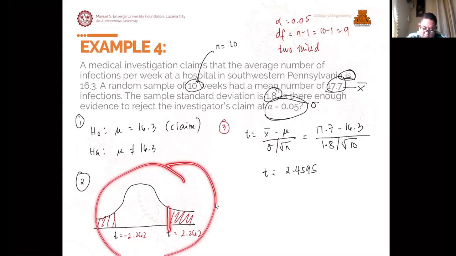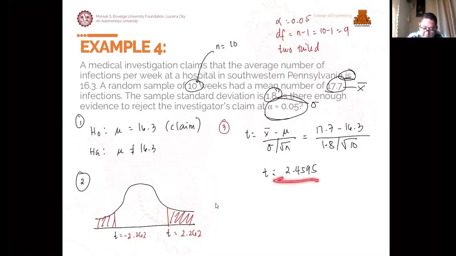Okay? So, back to our diagram here. This is 2.262, so 2.4595 is somewhere here, so it is farther out. Let us call it t prime. Okay? So, what is our conclusion? Our t prime is greater than our critical t. So, therefore, we reject our null hypothesis.